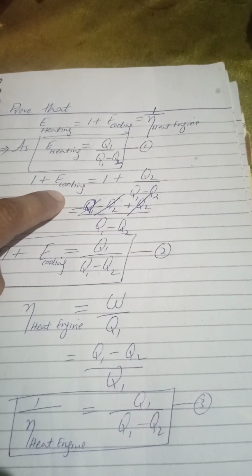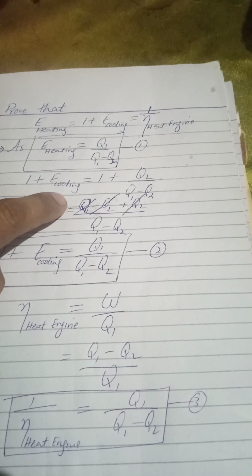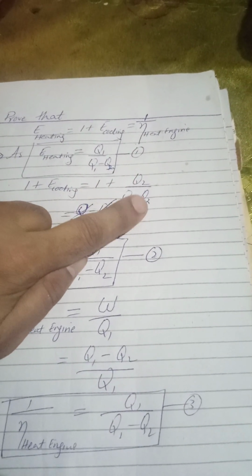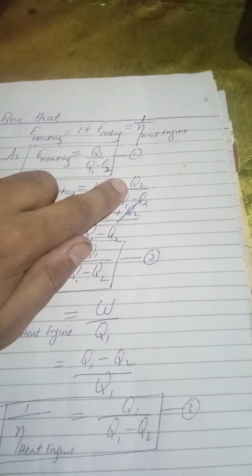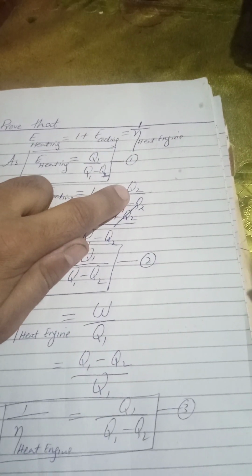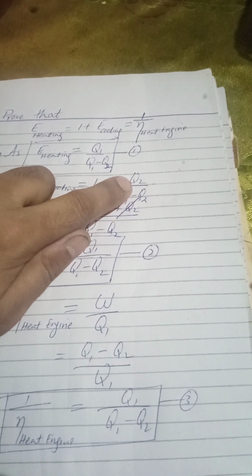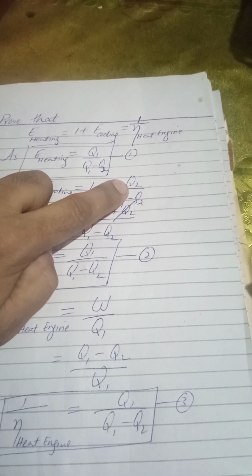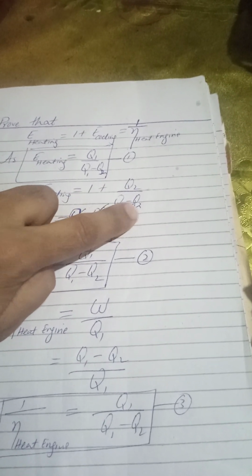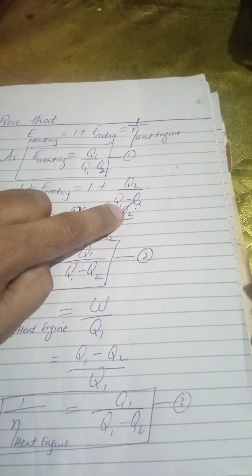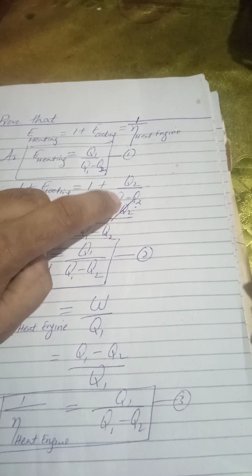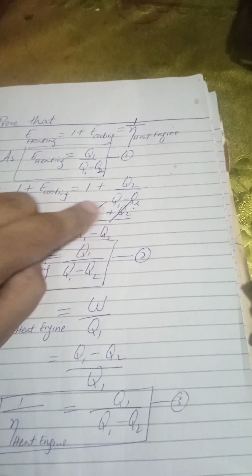The expression for E cooling is Q2 over Q1 minus Q2, because the coefficient of performance of cooling, or E cooling, is defined as the amount of heat rejected from the compartment of a refrigerator, which is Q2, over the work done. Again using the fact that work can be said in terms of heats as Q1 minus Q2, we get this expression.